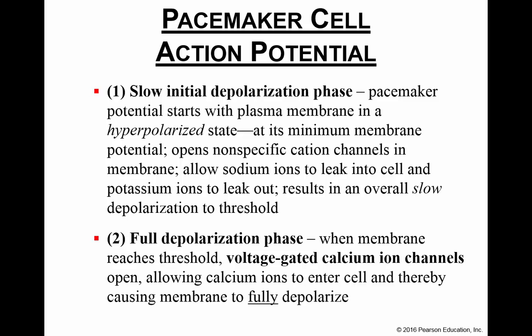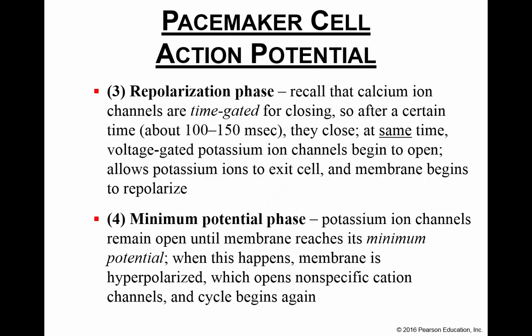So it's a very slow depolarization until it reaches threshold. And when it reaches threshold, it goes into full depolarization, where all the voltage-gated calcium ion channels open, and the calcium ions come into the cell, and that fully depolarizes the sarcolemma.